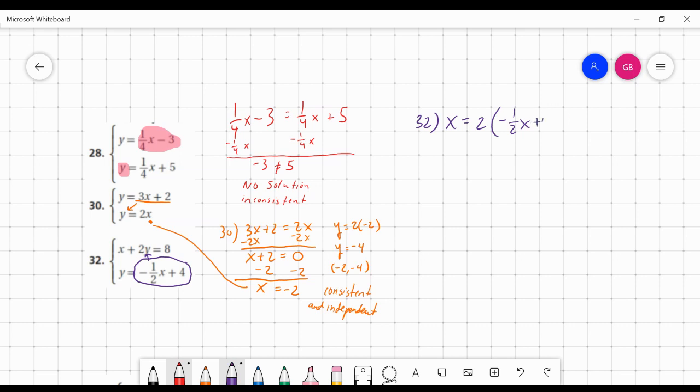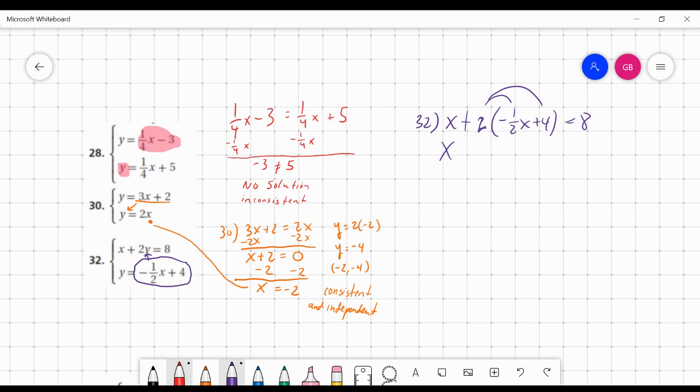So x plus 2 times, and then I substitute the y, negative 1 half x plus 4, and then equals 8. I'm going to distribute this 2.